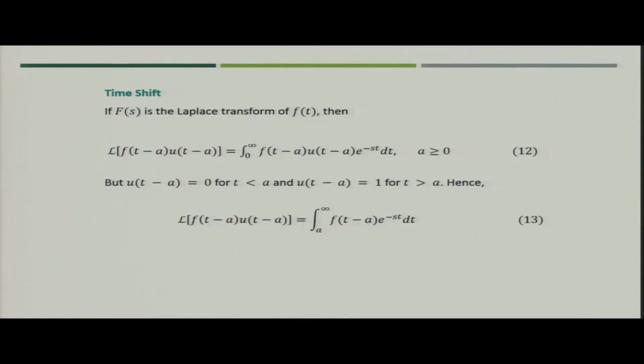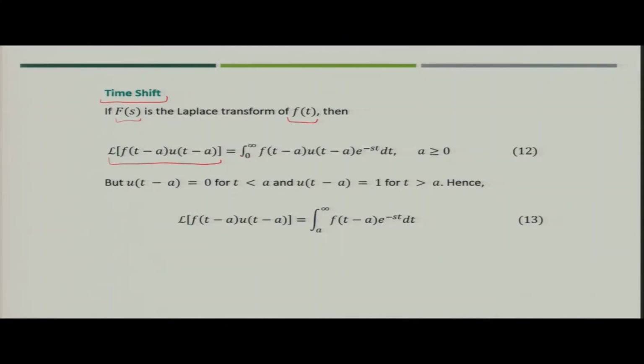Now, let us see another property of the Laplace transform, that is time shift. So, if F s is the Laplace transform of f t, then Laplace of f of t minus a into the unit step function u t minus a will be given by, you can simply use the standard definition of Laplace transform.